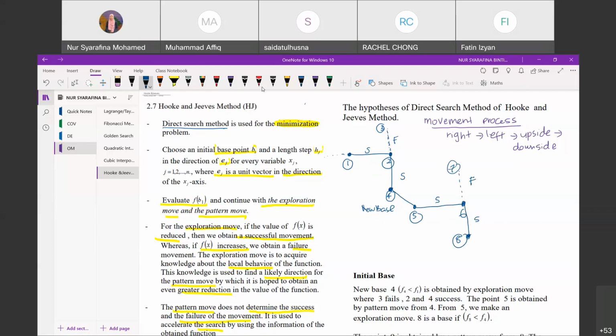Then let's say the iteration has not fulfilled the stopping criteria again. This is our new base, and then we move again. From right, let's say it is failure. Then you have to move to the left.